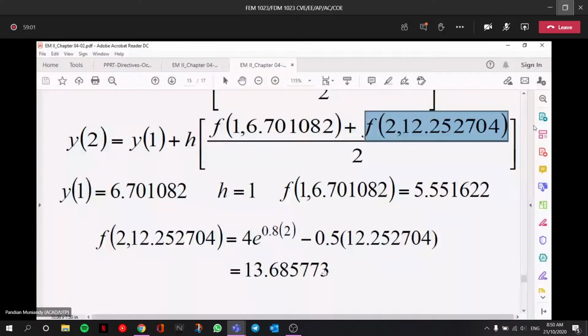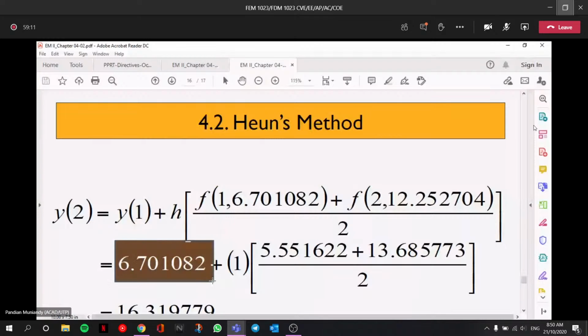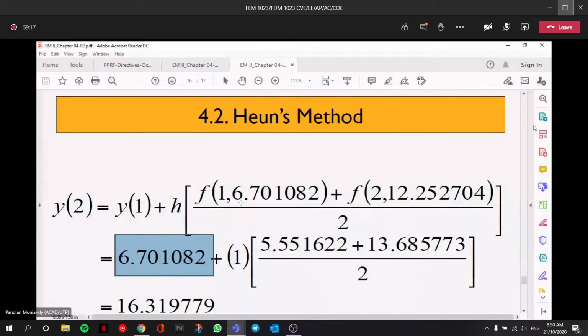Now we want to calculate Y2. So you plug in Y2 equals to Y1, that is 6.701082. This one is okay. H1, F of 1, 6.701082 is this value, 5.551622.